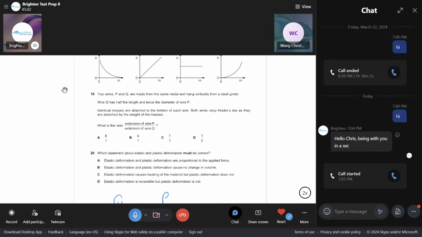Q is, the twice diameter makes it 4 times less extension, and then the half length makes it half the extension.